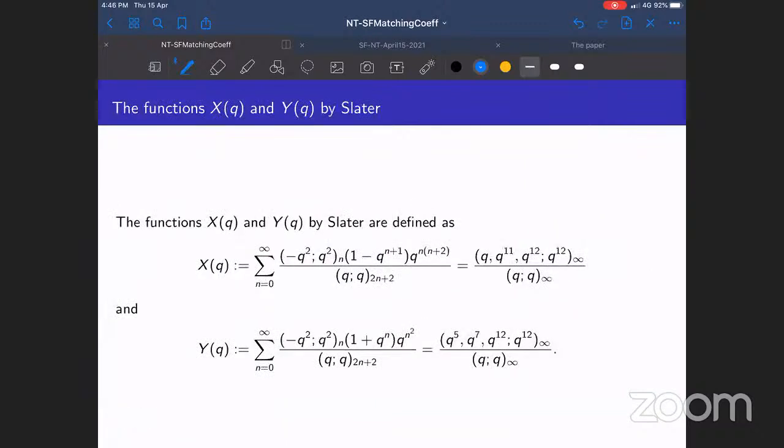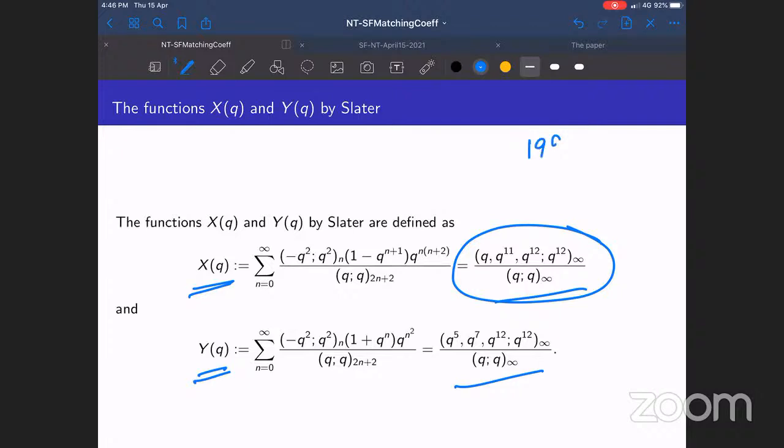And there are Rogers-Ramanujan type functions given by Slater, whose Q product representation is given by this one. Okay. And that we denote by XQ, and this is YQ. And there are modular relations for XQ and YQ, initially found by Sinai Robbins in his thesis in 1991.